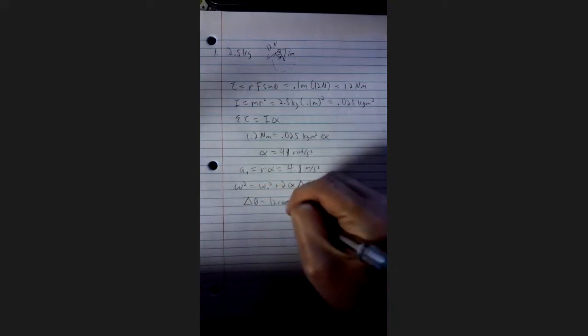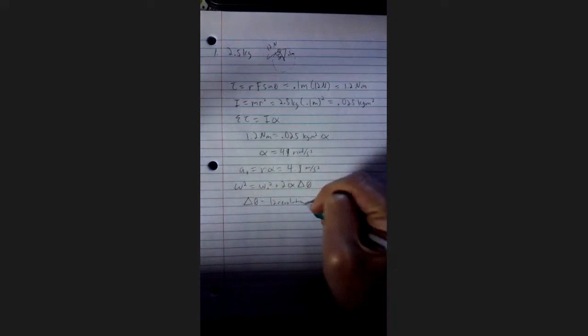Now, we don't really know the angular displacement. We know that it's 12 revolutions, but we need to convert that to radians. So 12 revolutions. In each revolution, there are 2 pi radians, which means that our angular displacement here is 24 pi radians.